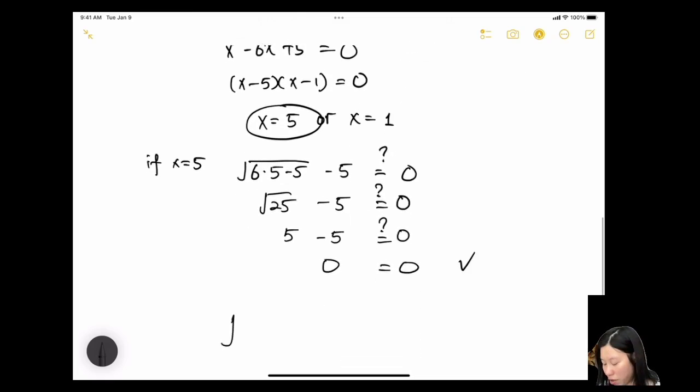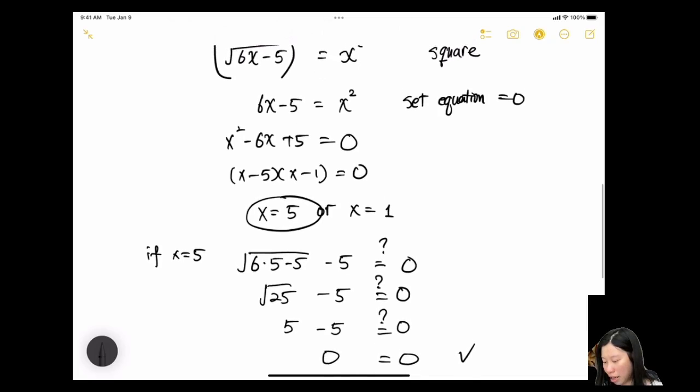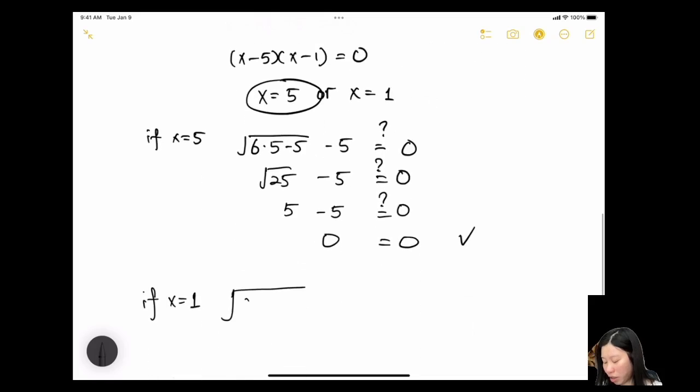So let's say x equals 1. I have 6 times 1 minus 5, minus 1, maybe equals 0. We don't know yet, so that's why there's a question mark.